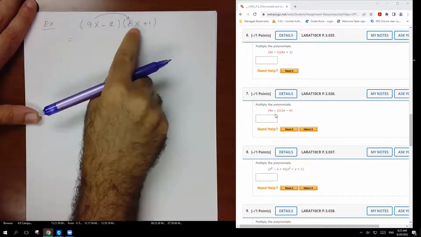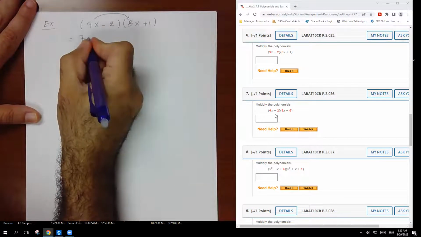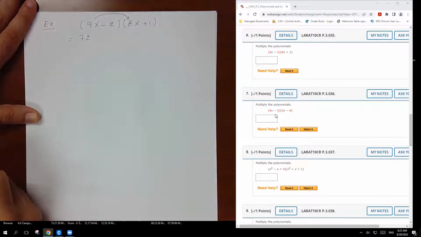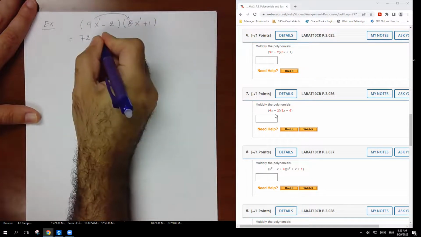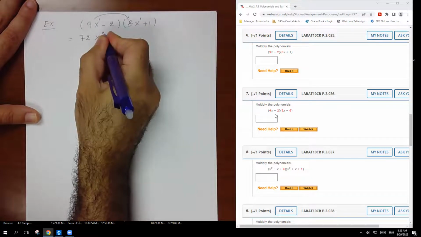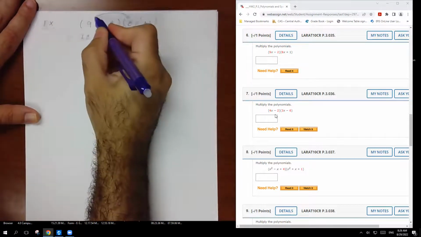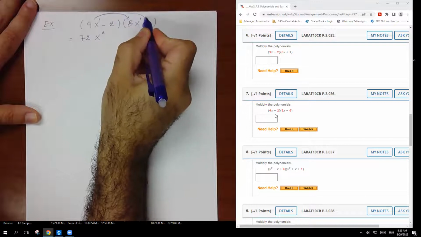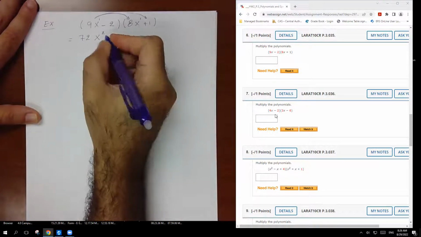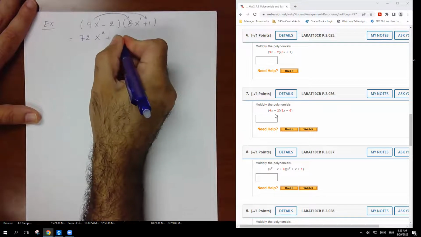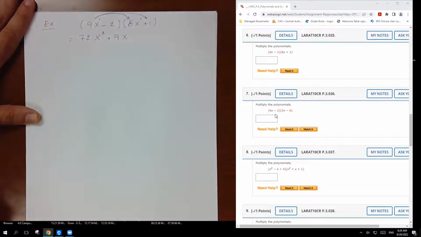So 9 times 8 is going to be 72. Add the exponents. 1 plus 1 is going to be 2. So it's 72x squared. Then I'm going to say 9x times the second one. It's 1, so 9x times 1 is going to be 9x. I'm done from this part.